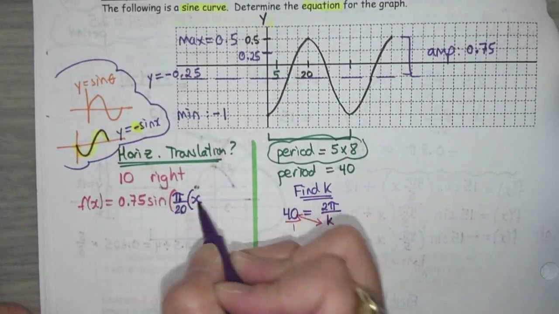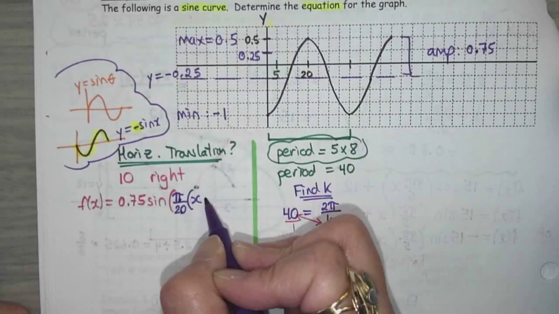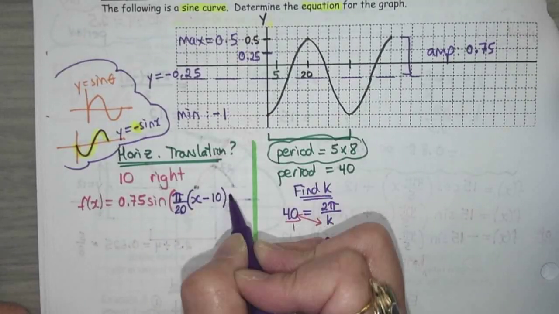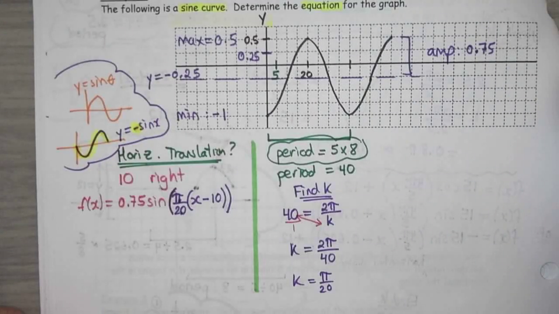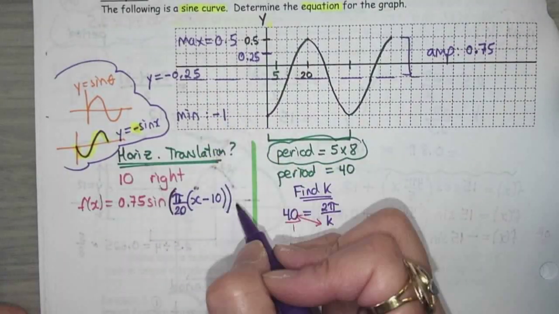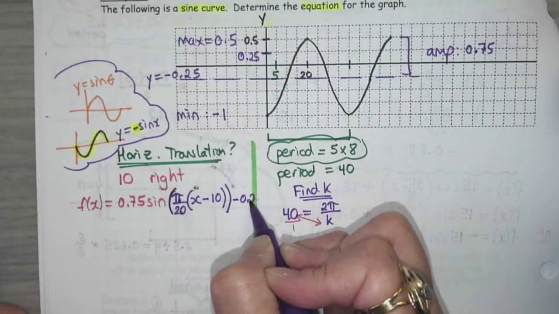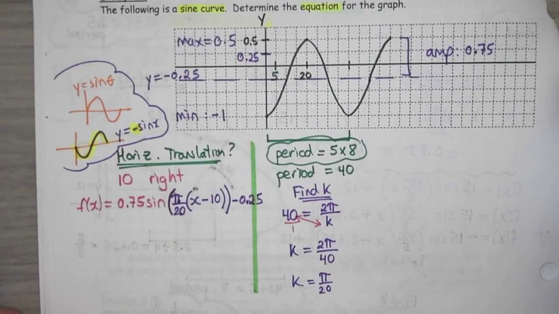Then you make sure it's in a bracket because you've also got a translation and it's 10 to the right. So this will be minus 10. Okay, stop me if I'm wrong, please. Right, 10 to the right. Is that all right? And then this is translated down, so there'll be minus 0.25. Does that make sense? Okay.